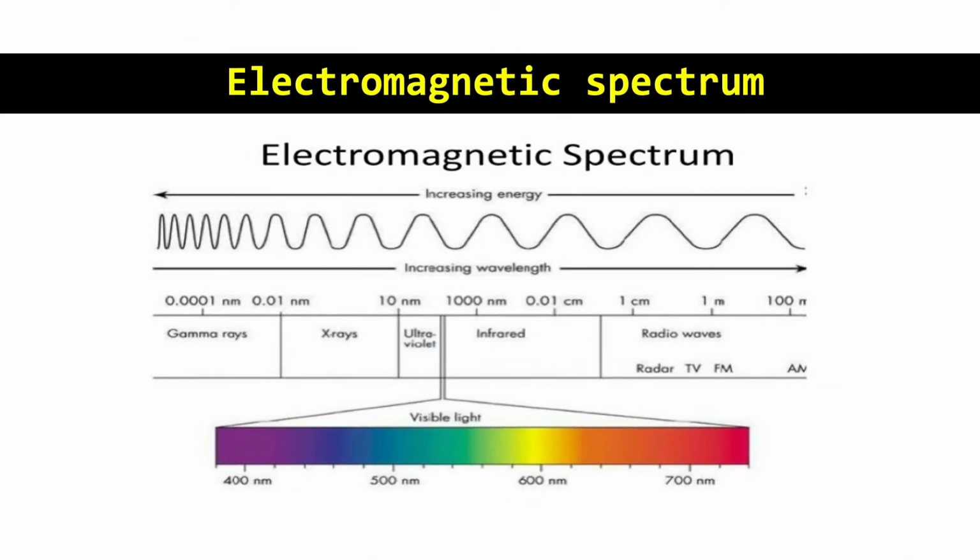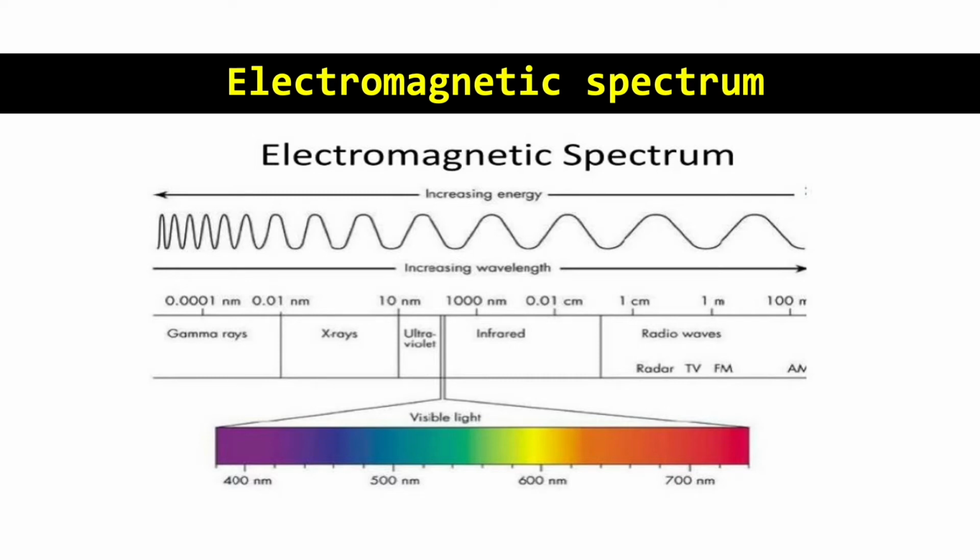Yellow light is a single type of electromagnetic radiation. Different types of electromagnetic radiation are arranged in different positions according to their wavelength or frequency. The display of electromagnetic radiation arranged in order of increasing wavelength or decreasing frequency is called the electromagnetic spectrum.